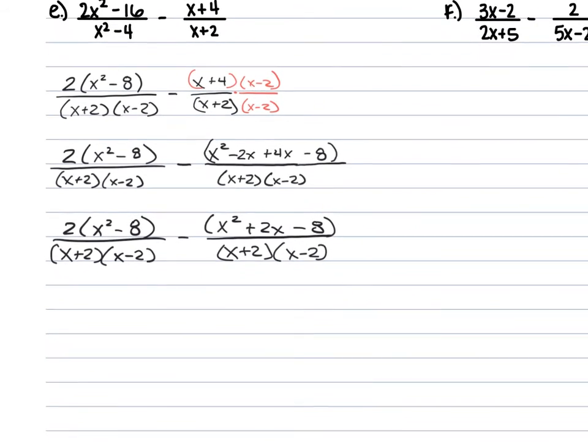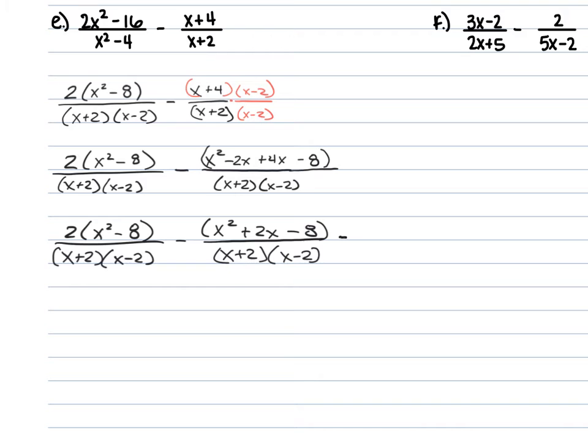They have the same denominator now. So we've got 2 times x squared minus 8 minus all of the things that are inside of there, x squared plus 2x minus 8 over, yep.